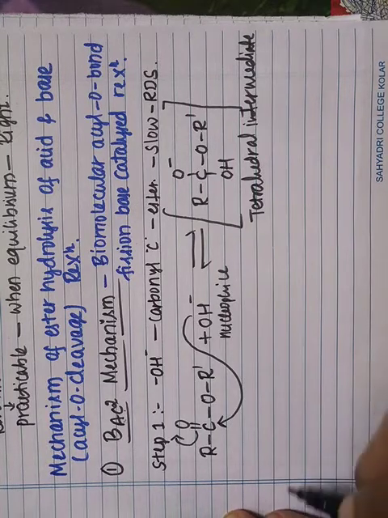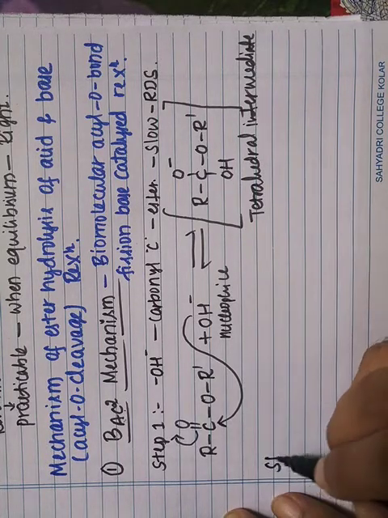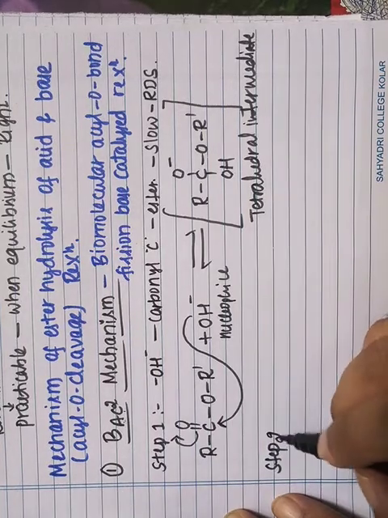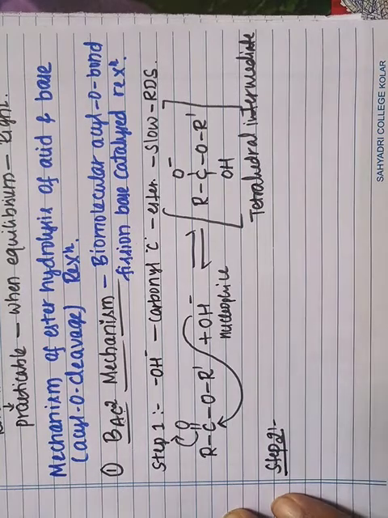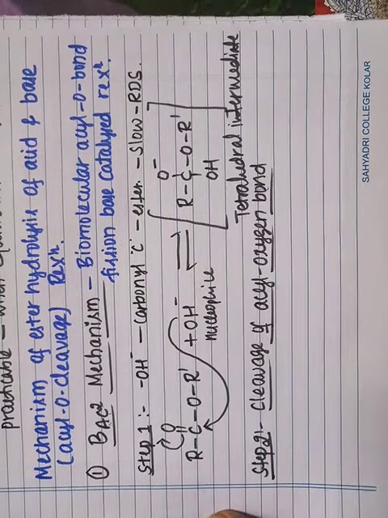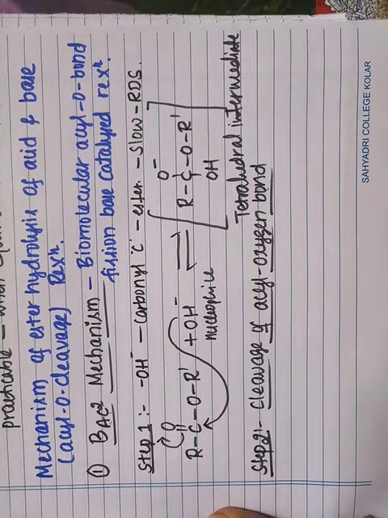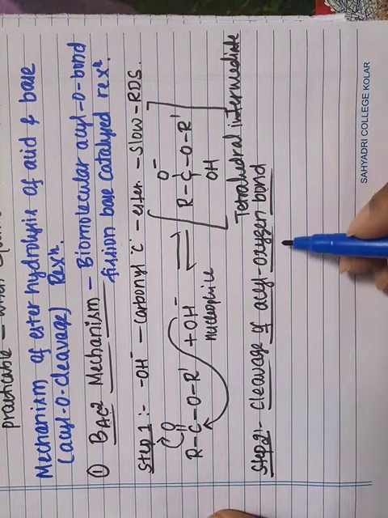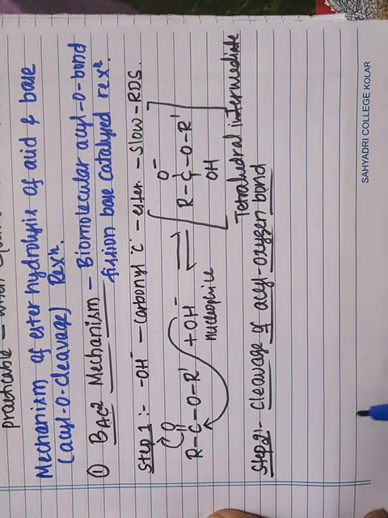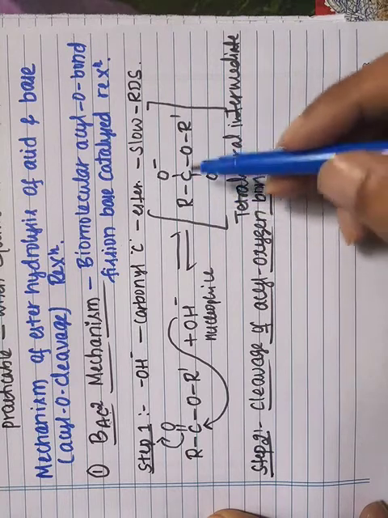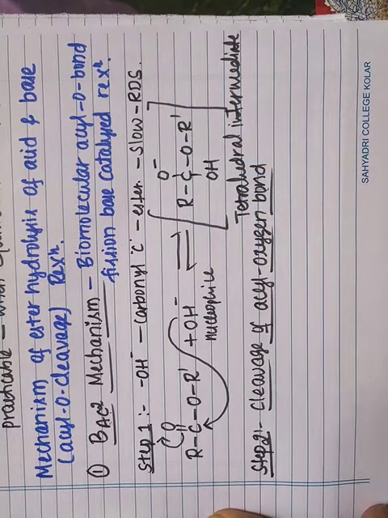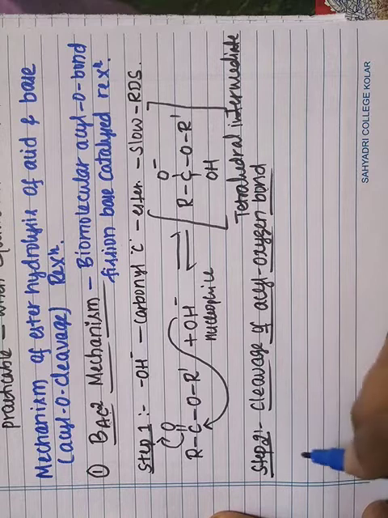Next let us see the second step in this mechanism, that is the cleavage of the acyl oxygen bond. In step 1, a tetrahedral intermediate has been formed.